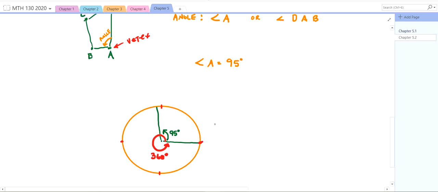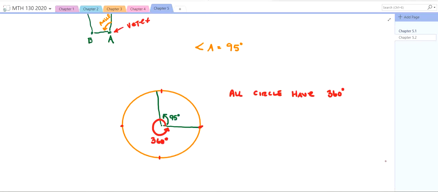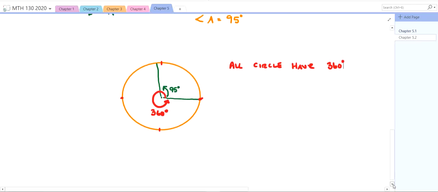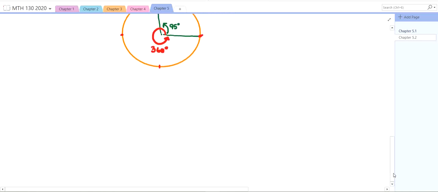So all circles can be broken down. It's just an arbitrary idea that we've decided to say we're going to break it down into 360 individual pieces. But that's what we do.